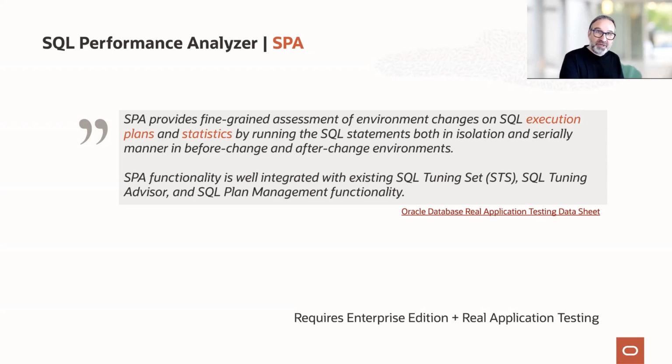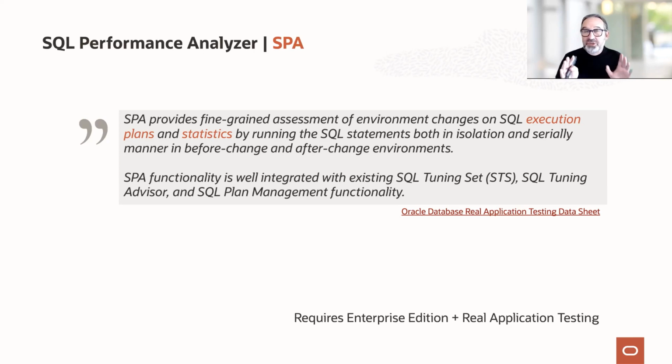So we have the information from before, and now we want to simulate after change, after upgrade, but it could also be after patching or after changing the optimizer mode parameter from all rows to first rows 100.